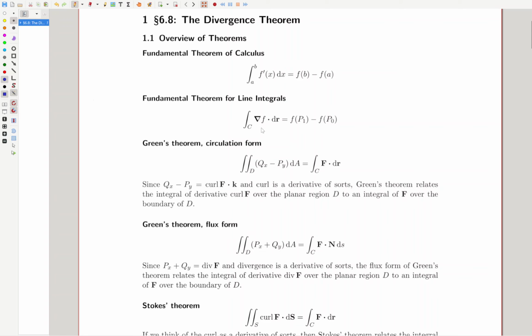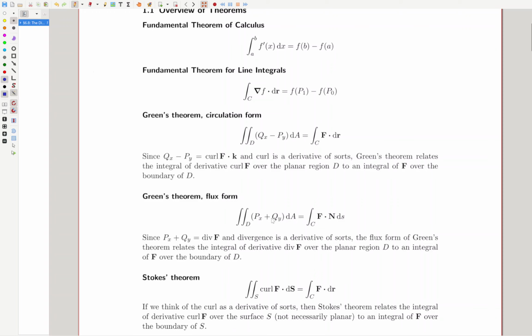If you think about the gradient as a derivative, the curl as a derivative, the divergence as a derivative, then these integrals on the left-hand side all have a derivative operation done to the argument in the integral.